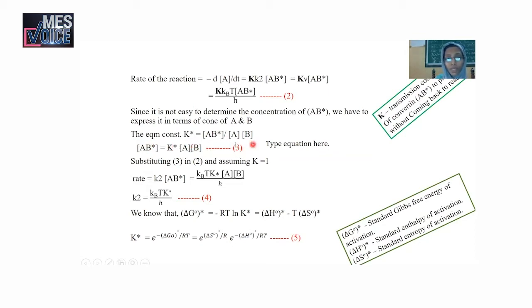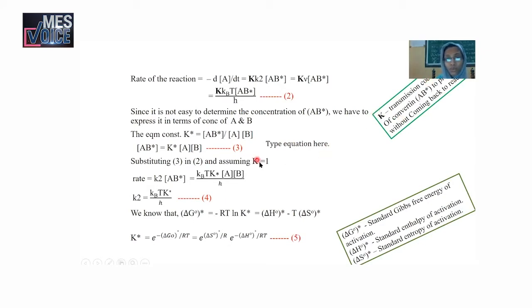This gives equation 3. Not bothered about the equation numbering here. Substituting equation 3 and assuming κ is equal to 1, that is, the maximum probability of converting the activated complex into product without converting it back to the reactant, κ is equal to 1.